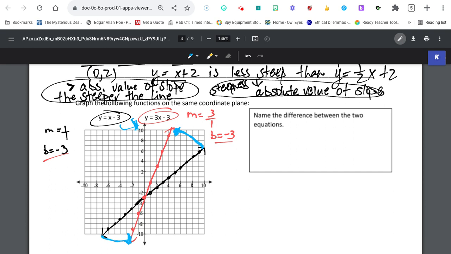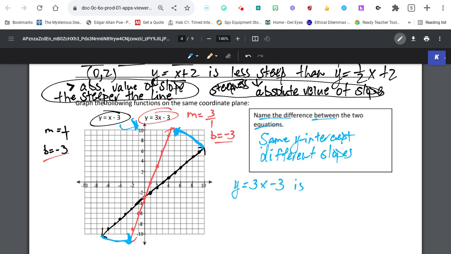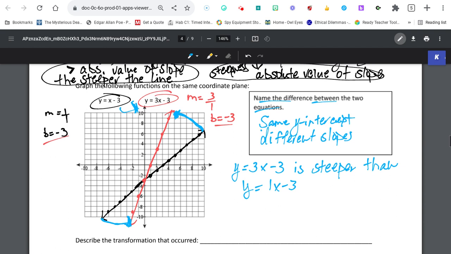Okay, so I'm going to say y equals, oh, let's name this first. All right, so what's the same? Same y-intercepts, or what we call initial value. What's different? Different slopes. So I'm going to say y = 3x - 3 is steeper than y = 1x - 3.